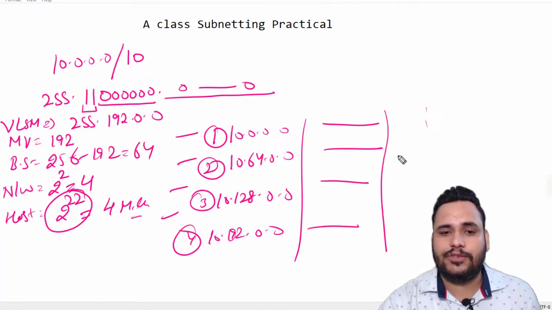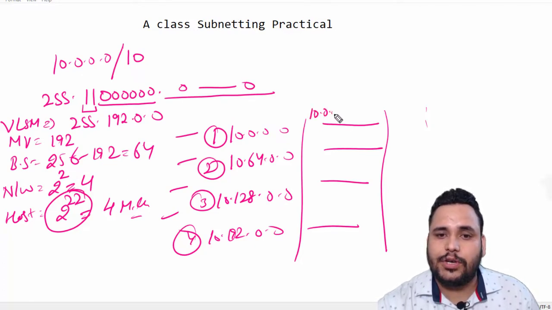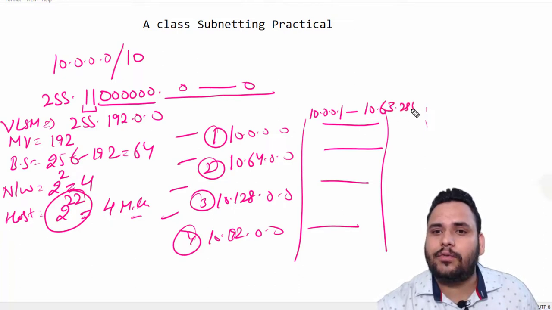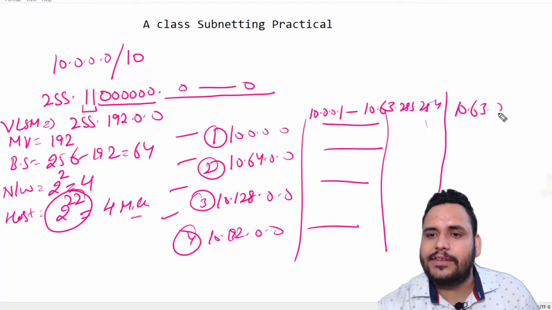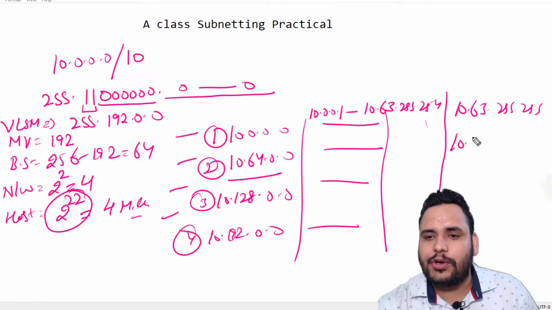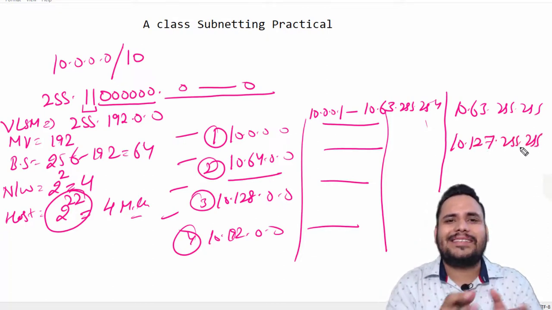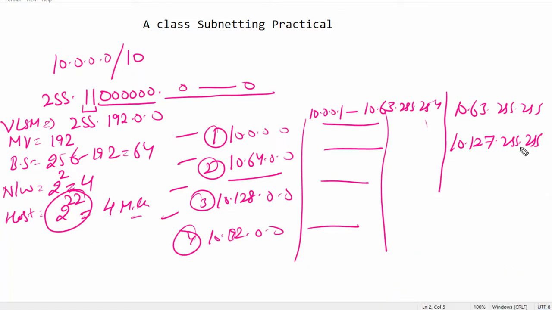If we check valid IPs, then the starting network IP is 10.0.0.1 and the last IP is 10.63.255.254, and the broadcast ID is 10.63.255.255. For the next network the broadcast should be 10.127.255.255. It is the same as C class and B class. The only difference is that in A class we have a huge IP address range. Otherwise it is totally the same.